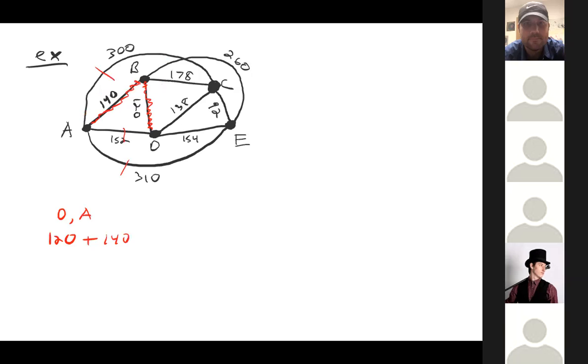Why not? Because it leads back to a city I've already been at. So I'm going to choose the 300, which is the shortest of the other two. So I go around this little 300 over to there, and that takes me to C. And then the shortest option from there is to get me to E, which is 92.